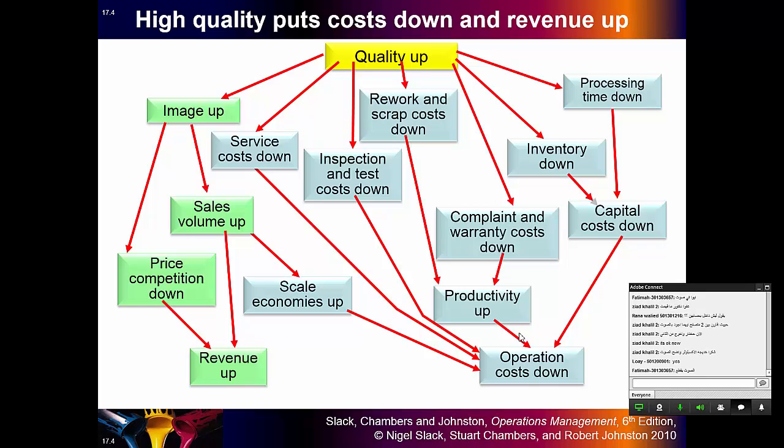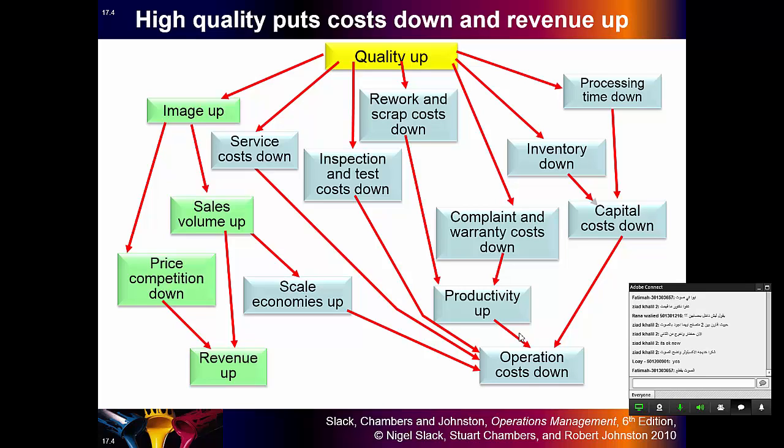Another thing that makes quality very important to organizations is that when I increase the quality, the cost of inspection and testing for defects in my operation also goes down, which also makes all the cost of the operation go down.